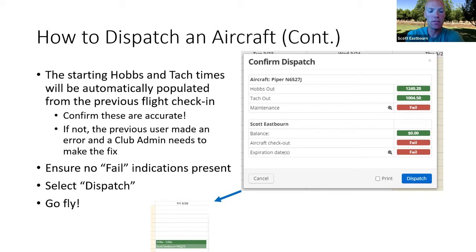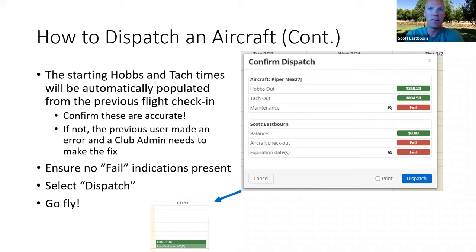It's possible that the person before you, when they checked in the plane, they have to enter the ending times, and if they put in the wrong number, you're going to see it here. So it's very important that, just like when you're writing in the log sheet, you check to make sure the person above you had the right time and it matches the plane. You'll want to do that here. Make sure that what it shows for you going out matches what's in the plane.